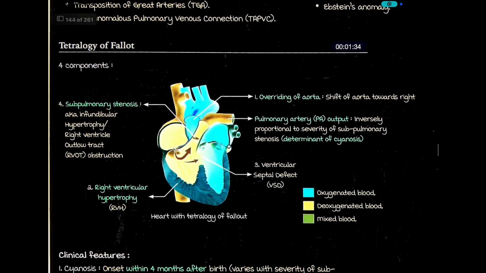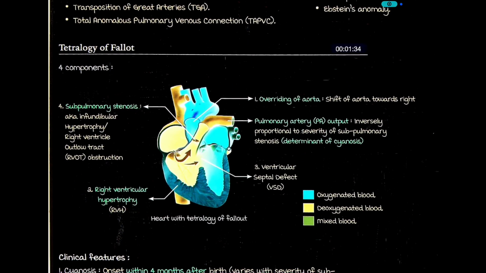Tetralogy of Fallot. There are 4 components. That's why it's called tetralogy, because there are 4 components. What is the first one? Overriding of aorta. That is shift of aorta towards the right.